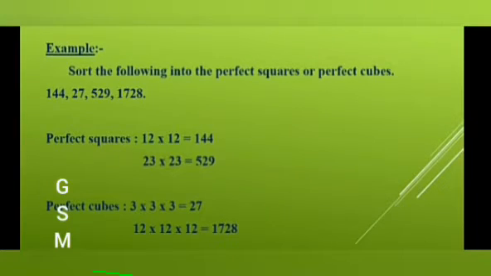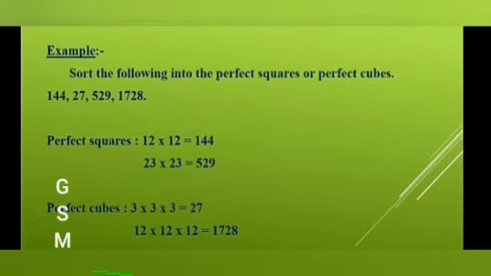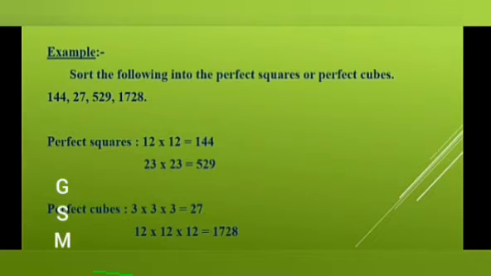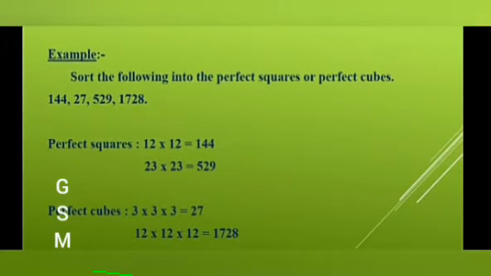Next example: sort the following into perfect squares or perfect cubes: 144, 27, 529, 1728. 144 can be written as the square of 12. 12 into 12 equal to 144, and therefore 144 is a perfect square. And 529 can be written as the square of 23.